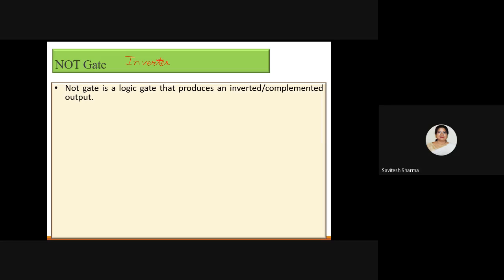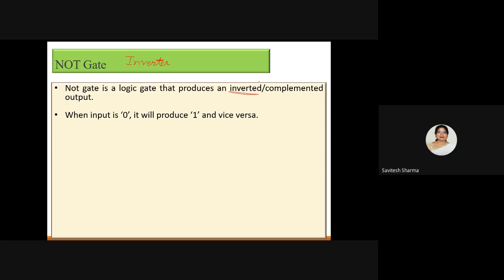This is not that inverter. It is a logic gate that produces an inverted output, or you can say a complemented output. That's why it is called an inverter.